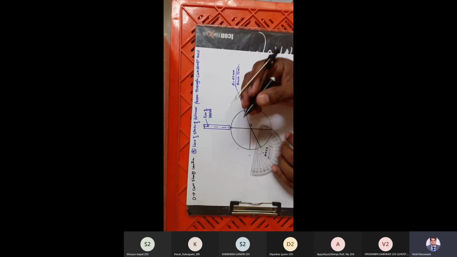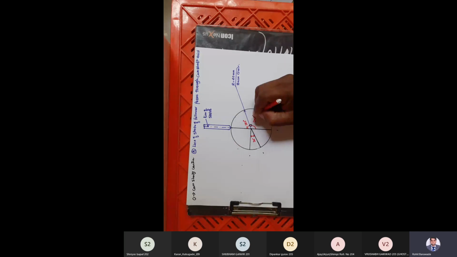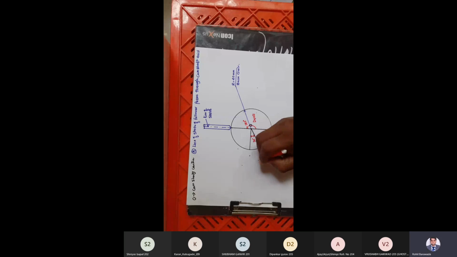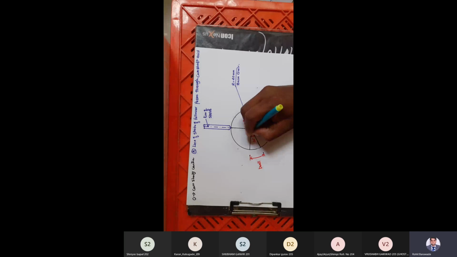And it is a dwell period, right? It represents a dwell period, dwell 30 degree and dwell 180 degree, right? Then this is a rise, okay? And this 60 degree is for return.